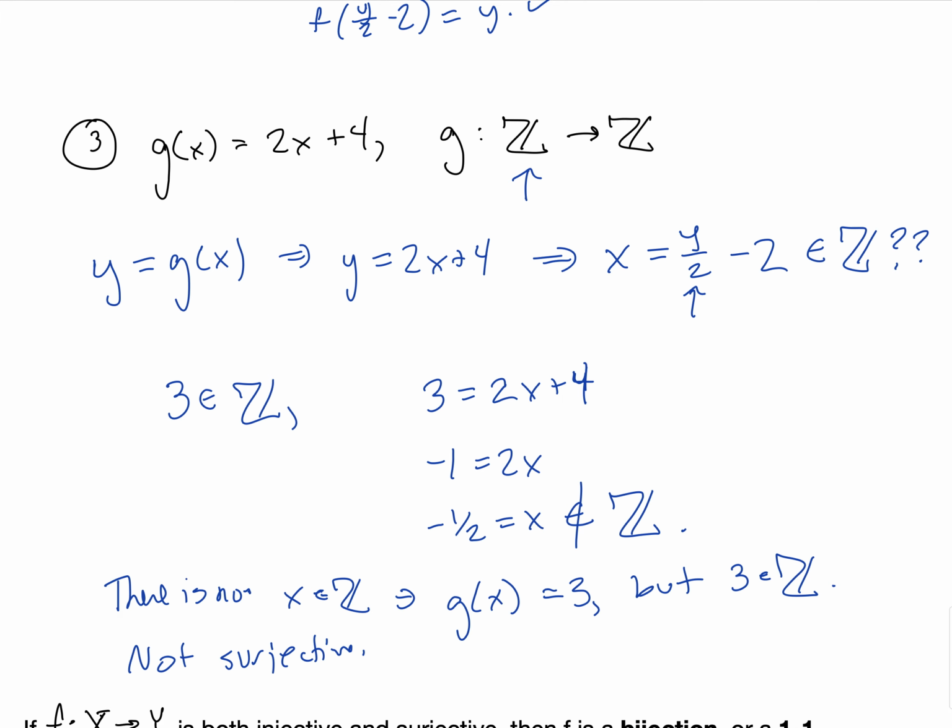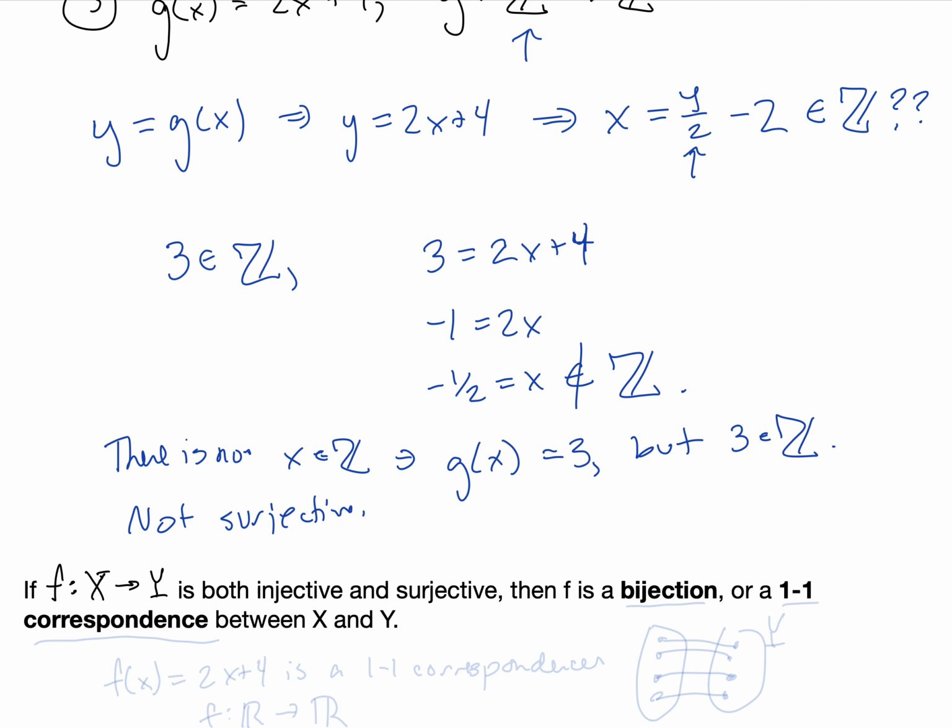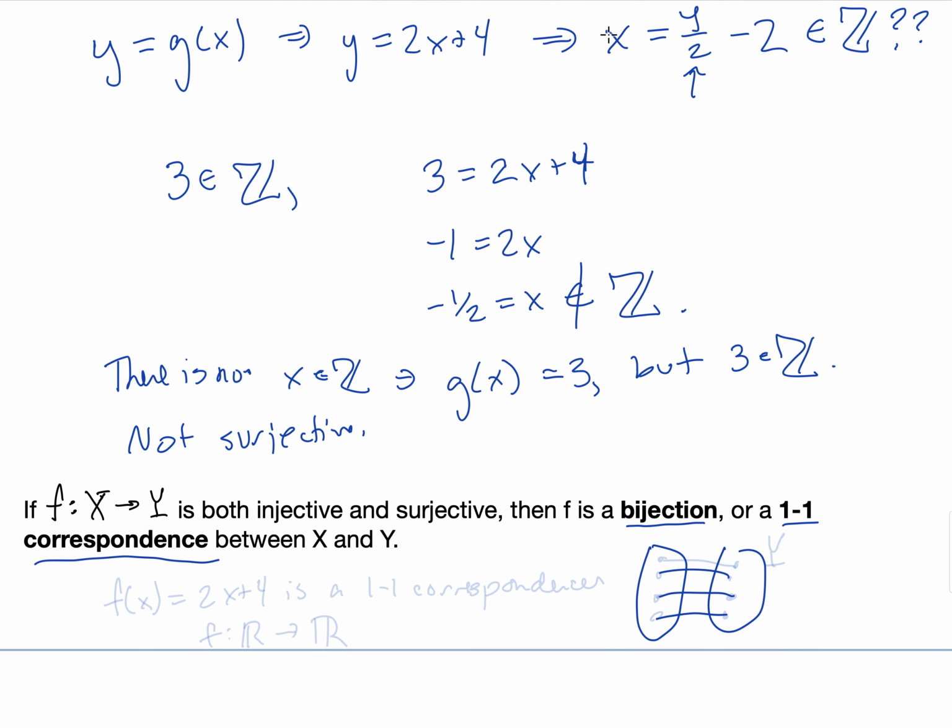If a function is both injective and surjective, then it is called a bijection, or is bijective. It's also called a one-to-one correspondence between the sets X and Y. So in that case, if it's a bijection, for every y there is a unique x, and for every x there is a unique y. So everything in the codomain gets hit.